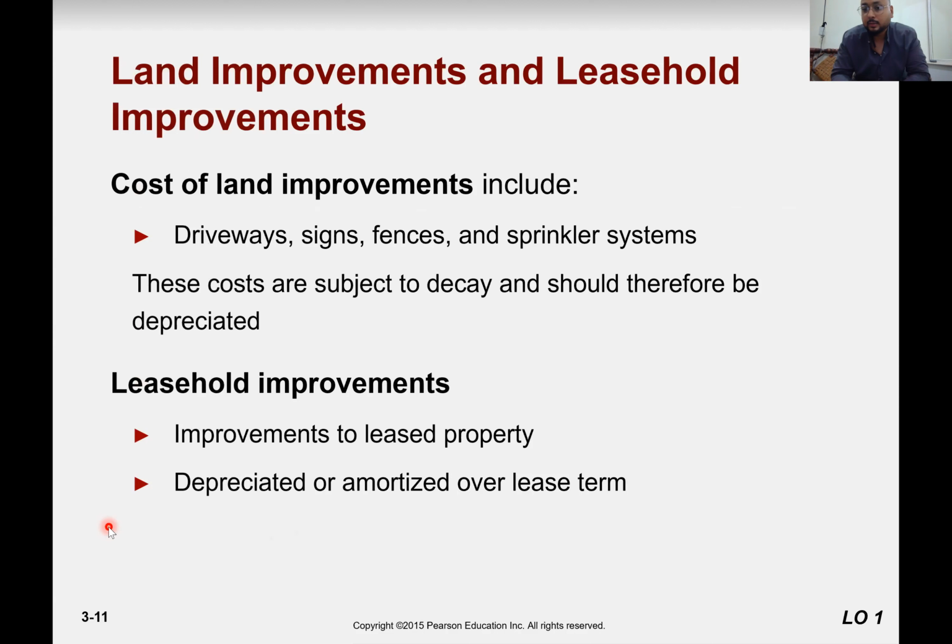For example, after the expiry of the period, you have the right to purchase this building. If the terms and conditions are that after 50 years, this business can purchase this building, it means this is some kind of arrangement where the building is yours and you are just paying back the loan, this kind of stuff, right?